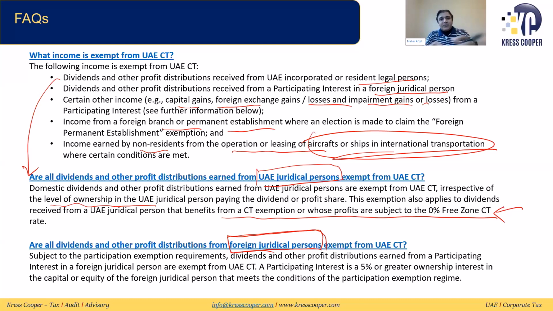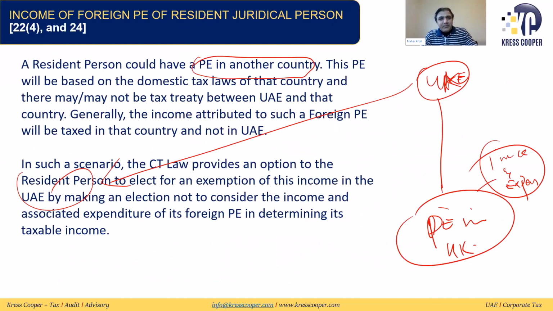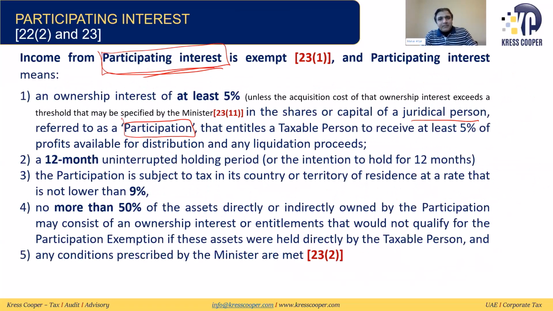One thing I just wanted to highlight, I think I forgot to highlight it. It was in our first point. This 5% limit can be reduced as well. The minister can specify a threshold, and if the acquisition cost of the ownership interest exceeds that threshold, even if the holding is less than 5%, it can be considered a qualifying interest.